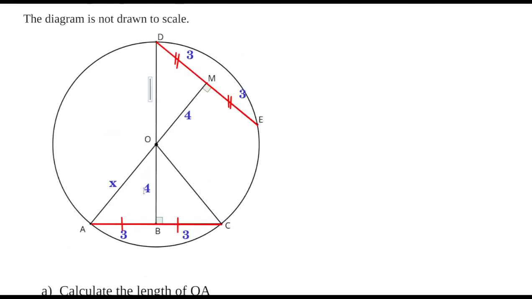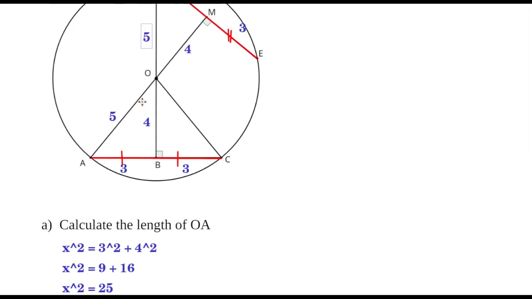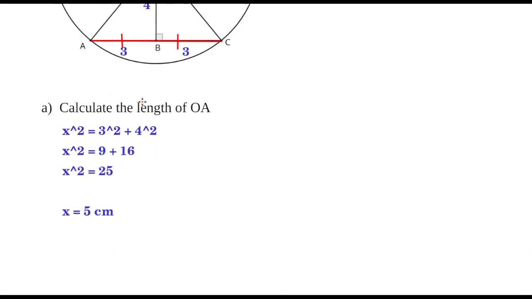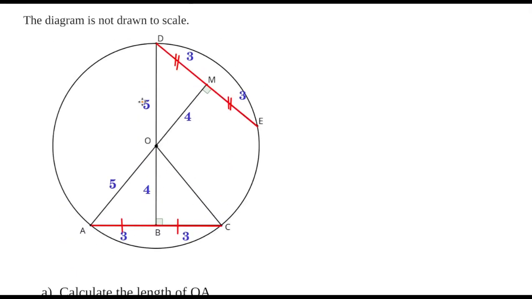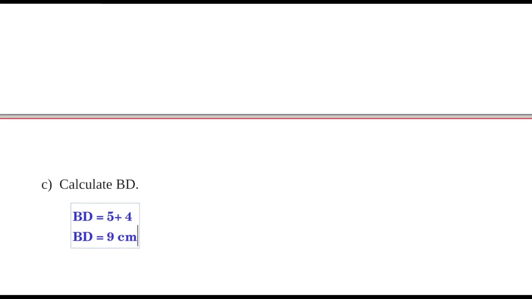So if OA is 5, this one is also 5. So the distance BD is equal to 5 plus 4, which is 9 units. So BD is equal to 9 centimeters.